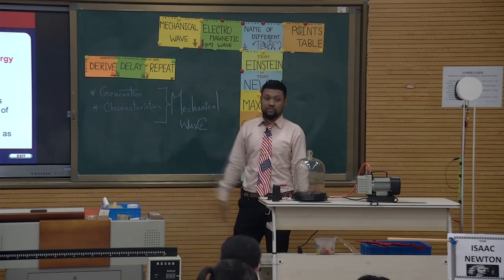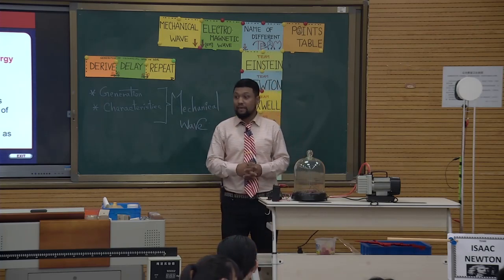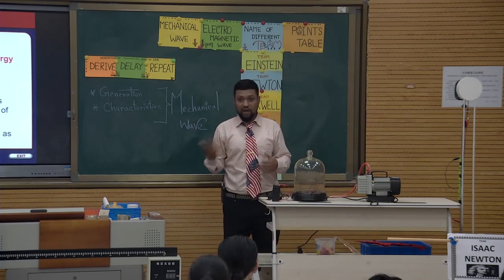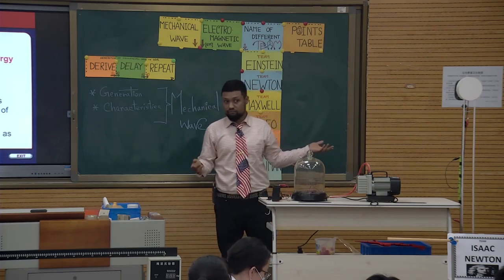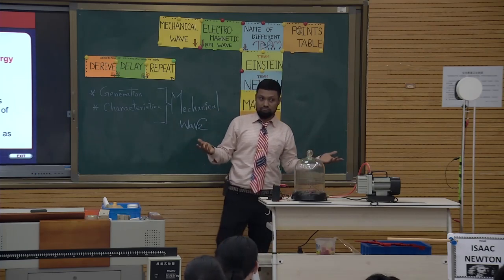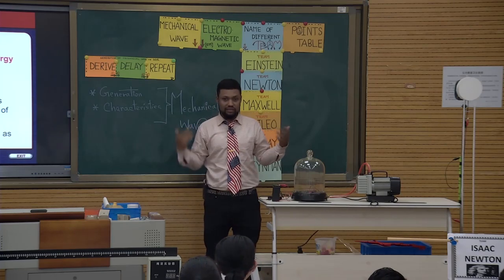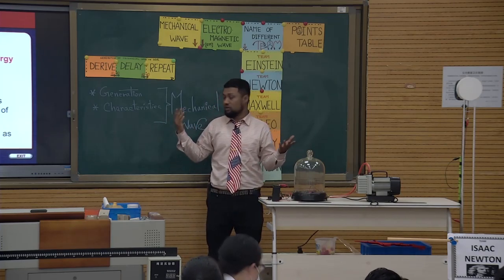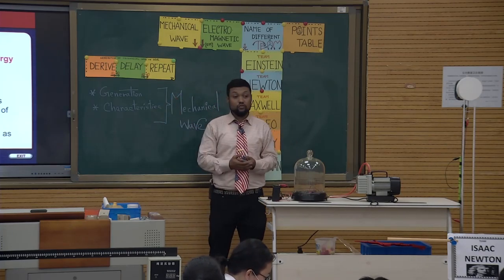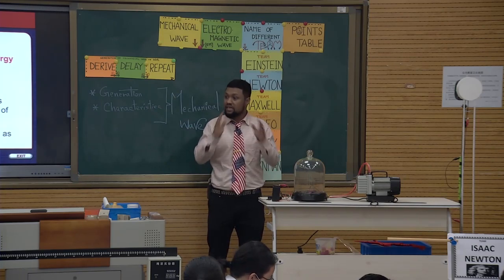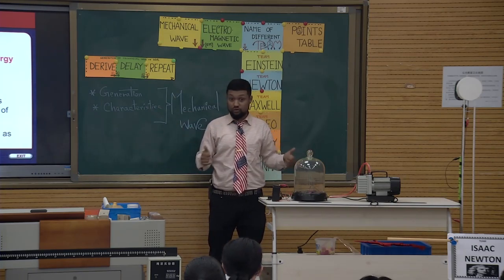And the space is for electromagnetic waves, like microwave, radio wave, infrared, UV rays, X-rays, gamma rays. These are all electromagnetic waves, meaning they do not need any medium to travel.